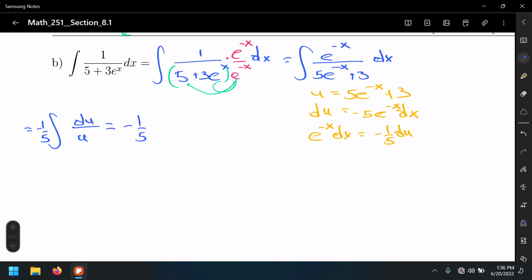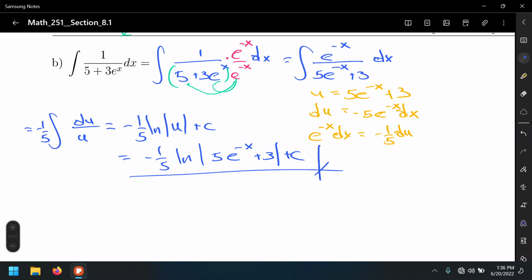So that's a negative 1/5 ln of absolute value of u plus c, which is negative 1/5 ln absolute value of 5 e to the negative x plus 3, plus c. All right, so another U substitution that led to an ln, but of course in this case it involved using a different algebraic technique in order to have that integral U substitution ready.